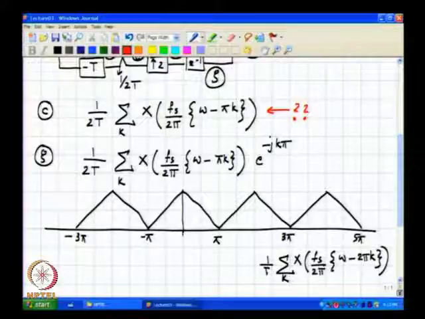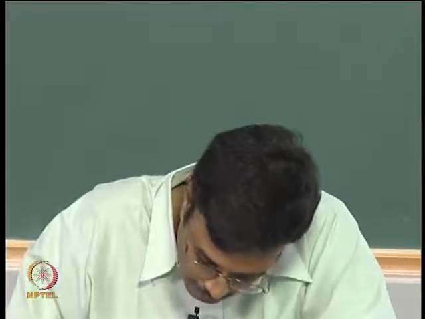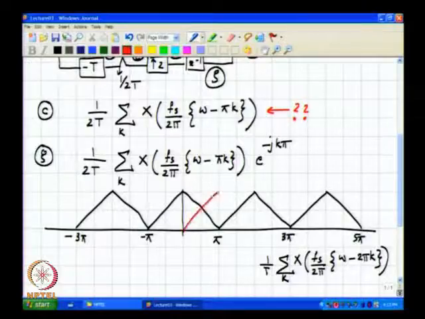You will have aliasing terms now, you will have images repeated at pi.